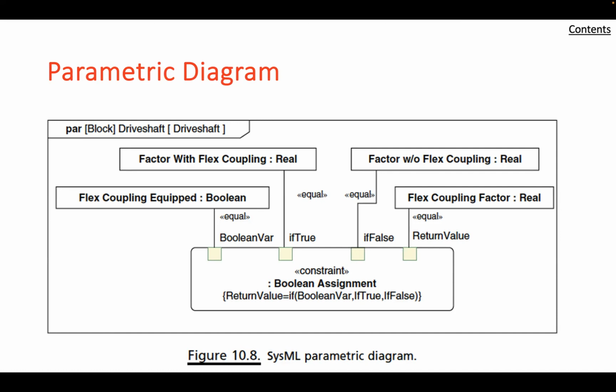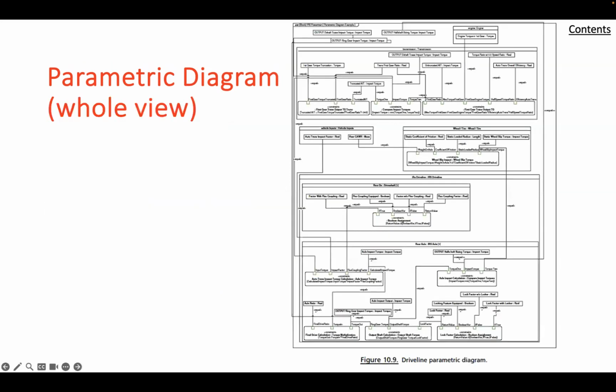The next figure we'll show in a second shows a more complex diagram that relates properties describing a vehicle driveline. And so note there are references in the textbook, and I would have you go to them for more of those details. I know this is not going to be readable, but it just gives you an idea of the extent of what you can be doing with a couple of sample SysML diagram types.